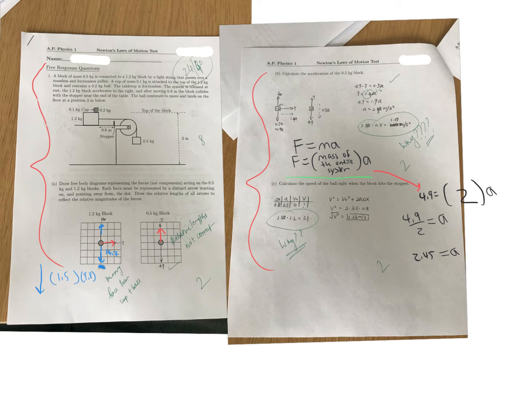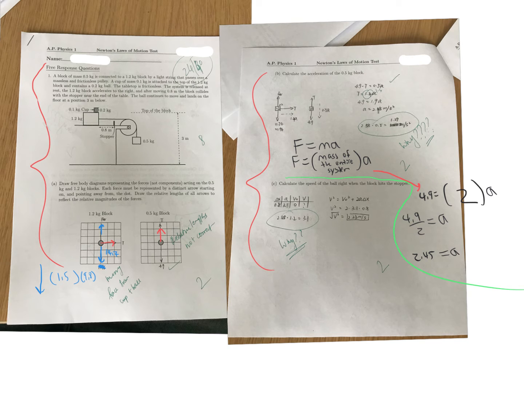We'll get a little divider action here. All right, looking over here, calculate the speed of the ball right when the block hits the stopper. Okay, that's good. That's going to be the final velocity. That's the original velocity, 2 times the acceleration times the distance. I love that. That's great.